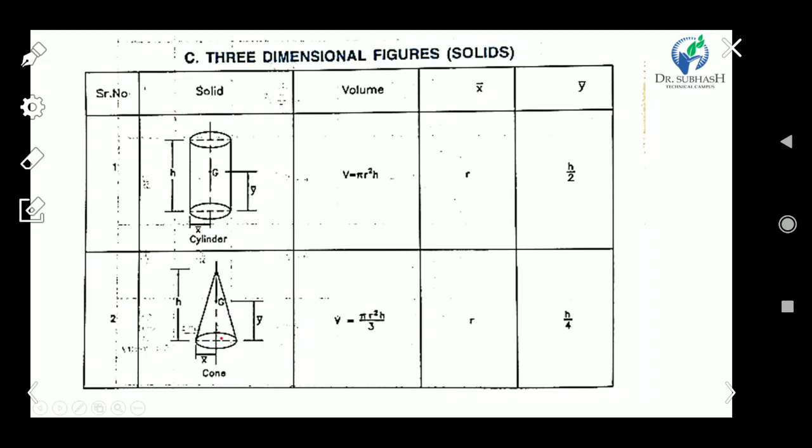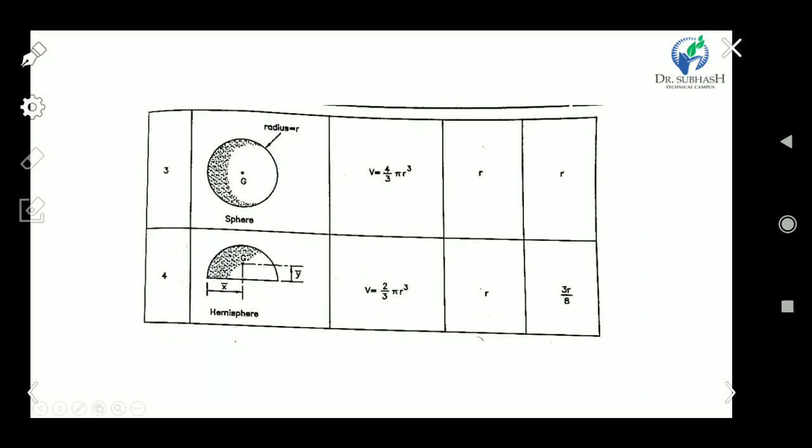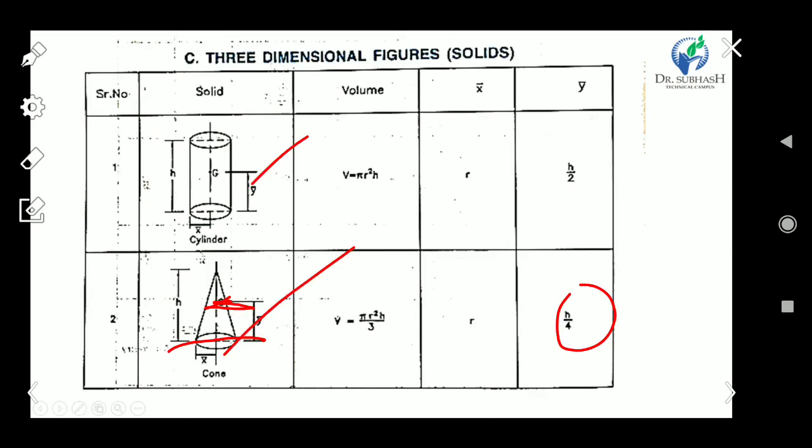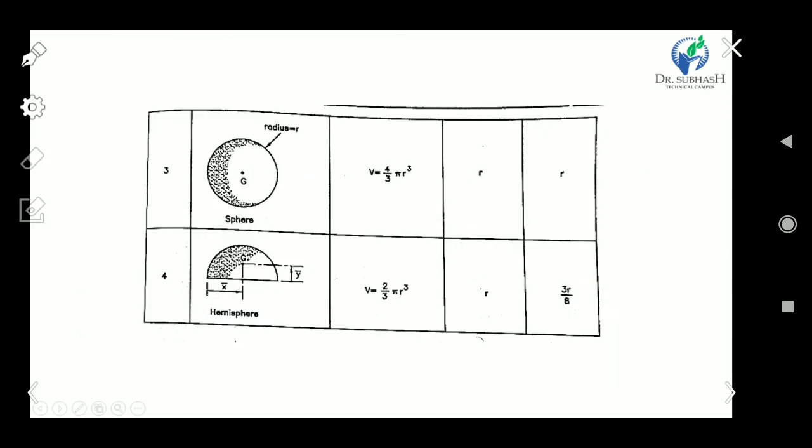Similarly for a cone, the volume equation is 1/3 pi r square h, and the y bar value, the distance of CG to the horizontal axis, is h by 4. So all these equations for sphere, cylinder and cone you have to memorize, along with the x bar and y bar values.